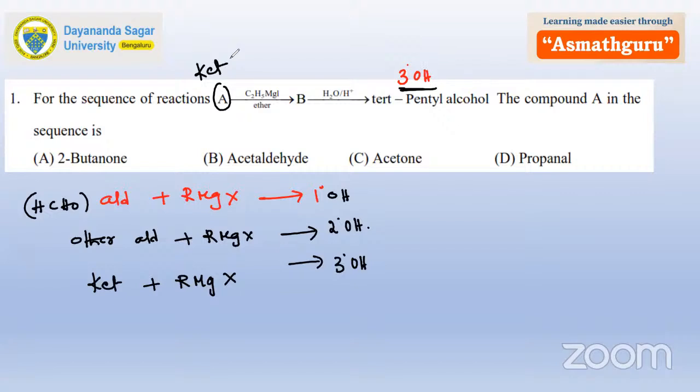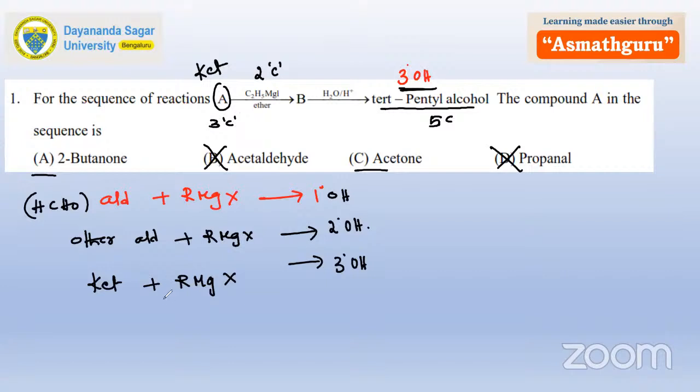Which is the ketone? Let us remove the unnecessary answers. B is unnecessary, not related. So the answer is either A or C. Tertiary pentyl alcohol, as the name itself says, has 5 carbons. In your Grignard reagent, you already have 2 carbons, so A should have 3 carbons.